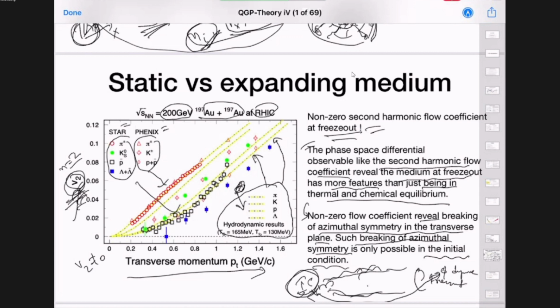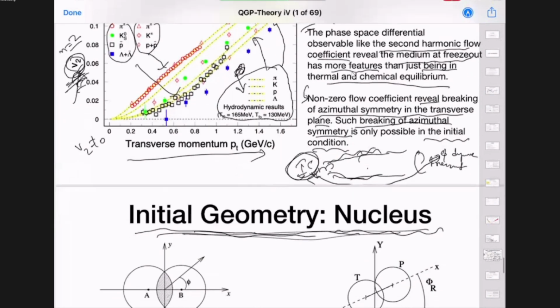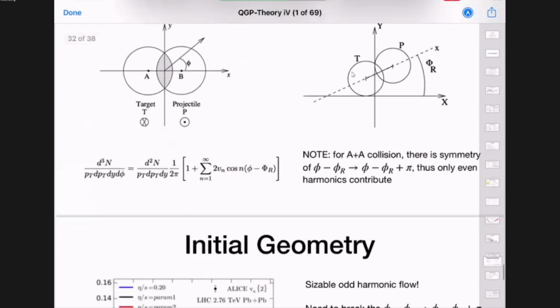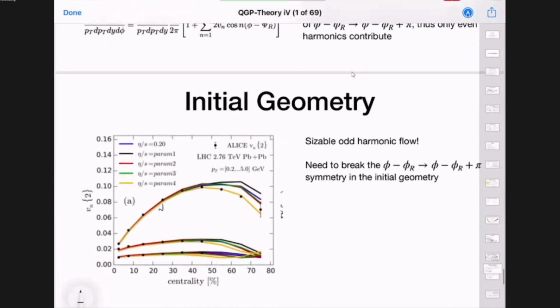Okay, thank you, Sandeep. Yeah. So in fact, in the next slide we will come to a higher flow coefficient. Like this one is v2, this is v3, and this is v4. So you see already v4 has gone down sufficiently, right?